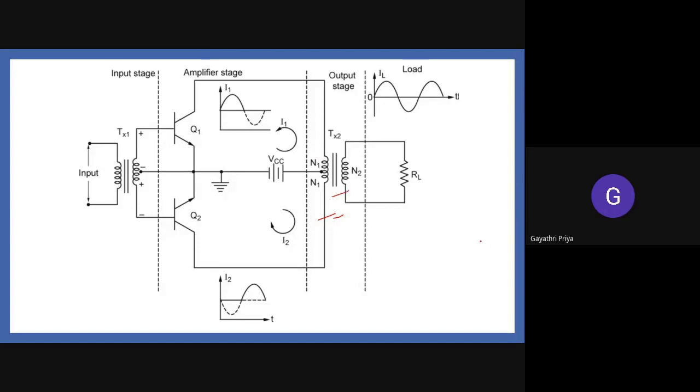Here the transformer TX1 will be acting as the input transformer, and this will function as the output transformer. The other name for this transformer is phase shifter. Why is it so? Here the emitter is negative, here the emitter is positive.